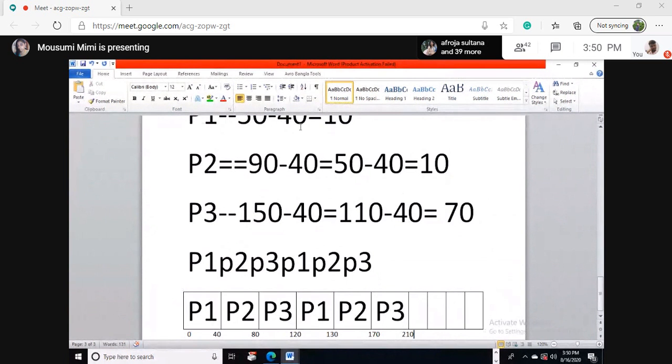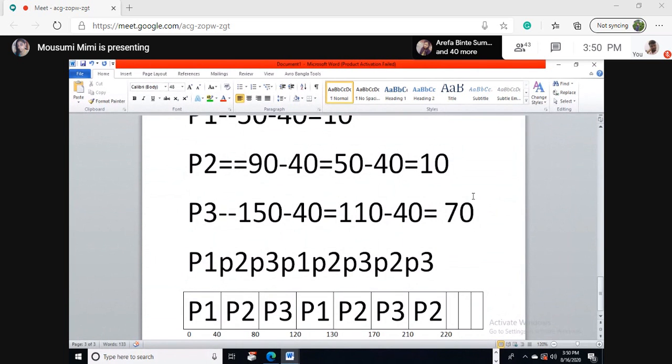Then my process 1 is done. Now again I go to process 2. Time quantum is 40, remaining time is 10, so it completes. Now again I go to process 3, and look at process 3.